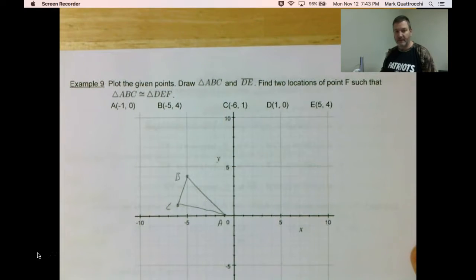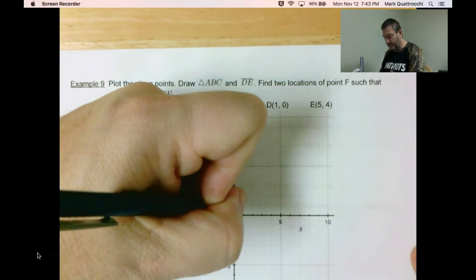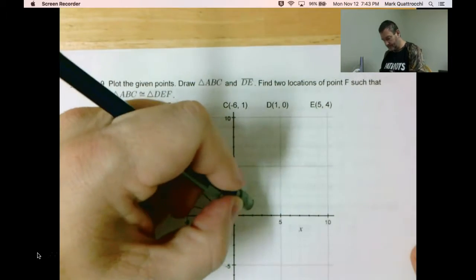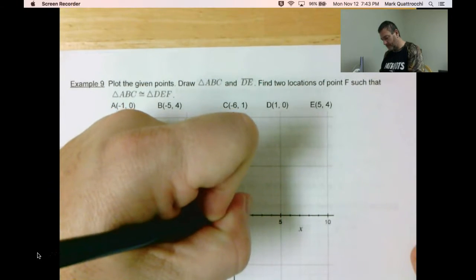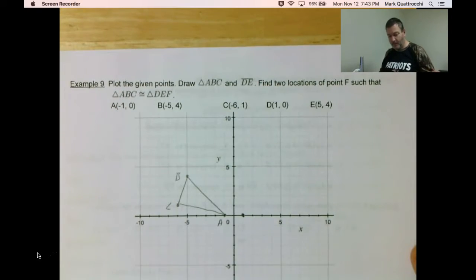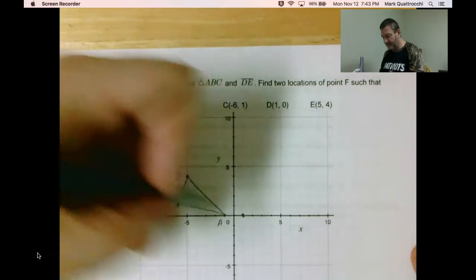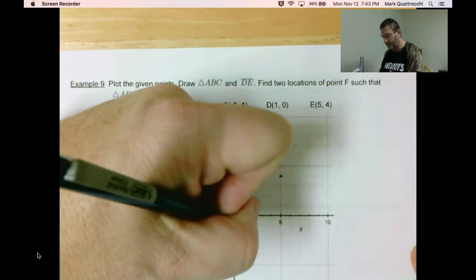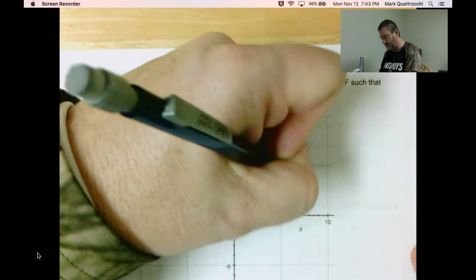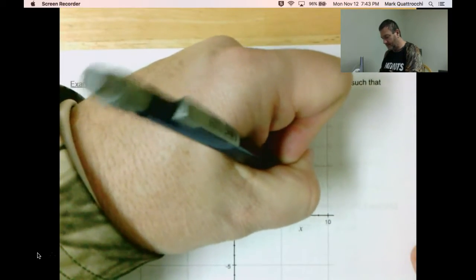There's triangle ABC. Point D is at 1, 0, and point E is at 5, 4. Here's D, here's E.